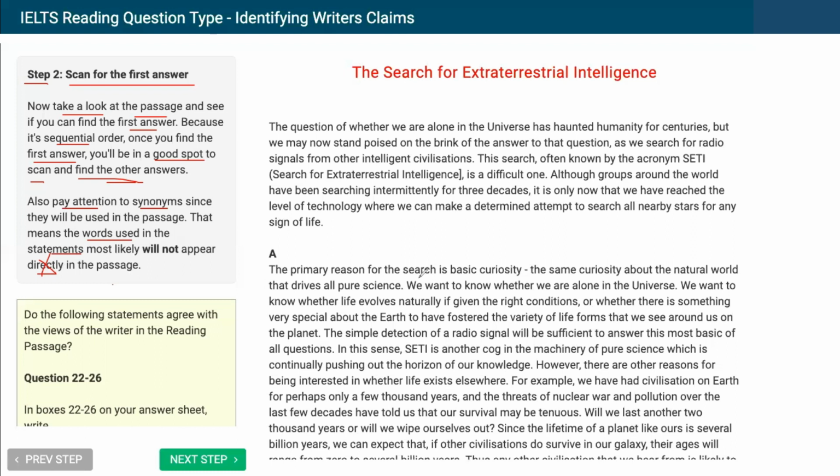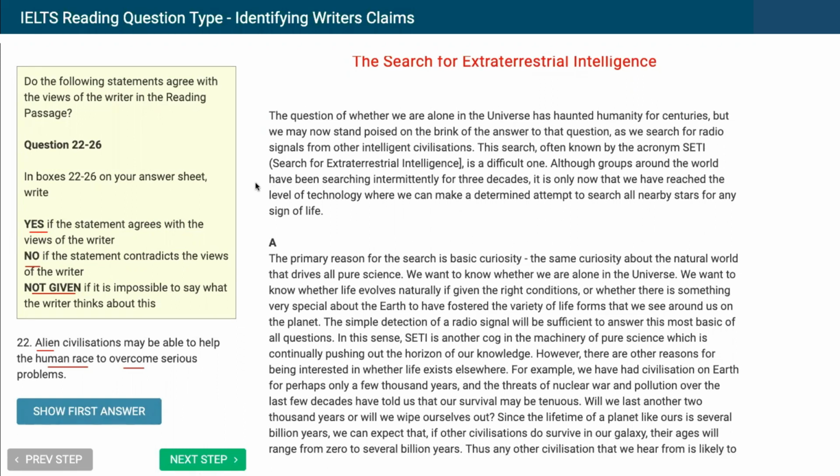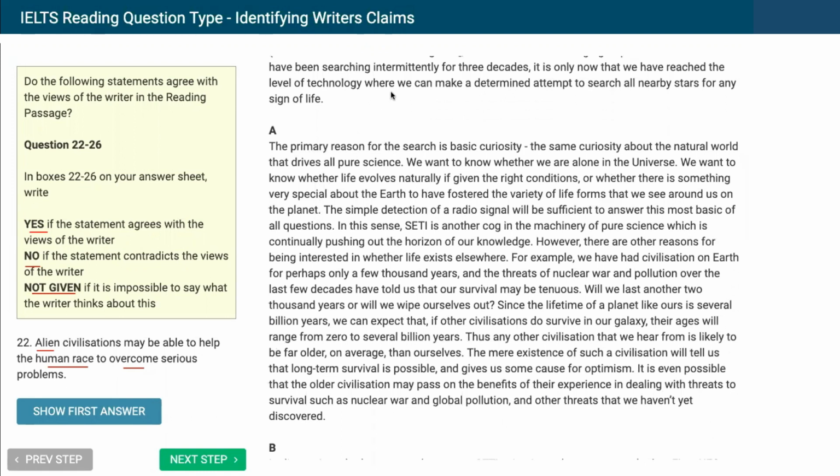So let's just look at number 1. And just to remind you, we're going to have to write yes, no, or not given. And again, our keywords were alien, human race, and overcome. So alien civilizations may be able to help the human race to overcome serious problems. All right, so I'm just going to scroll down a bit to see if we can find these keywords.